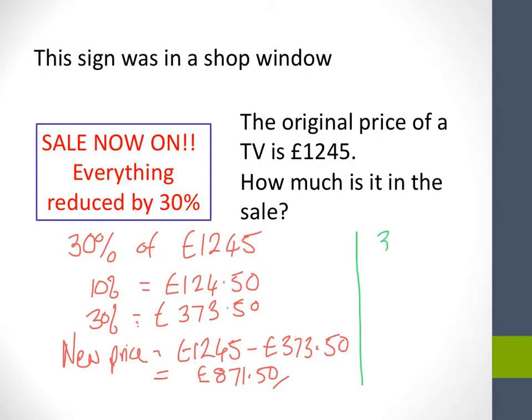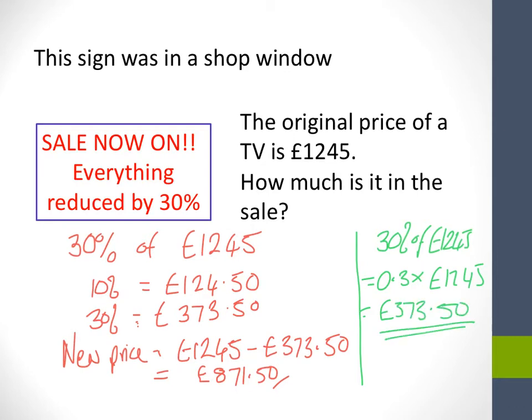Now, of course, that's a non-calculator method, and so we could do with looking at a calculator method. So again, we need to work out what 30% of 1,245 is. On a calculator, 0.3 times 1,245, and if we put that in, we'll get £373.50. Okay, and then you can do the same subtraction to get the new price.